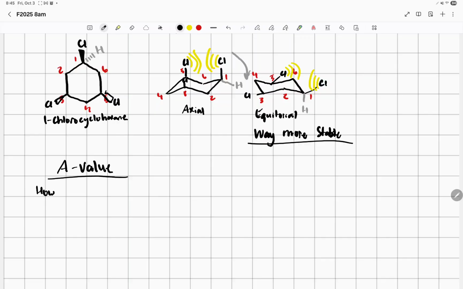So how bad is axial? It'll give us a measure in kcals per mole. And so really it says if we take a group that is equatorial and cause it to be axial, what is going to be the energy requirement for that?